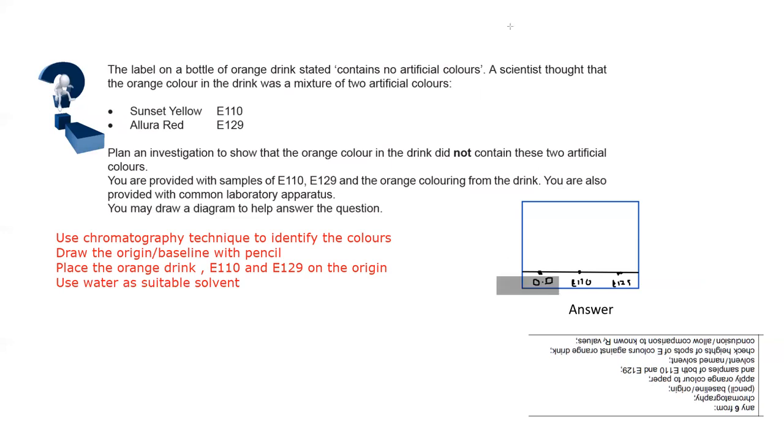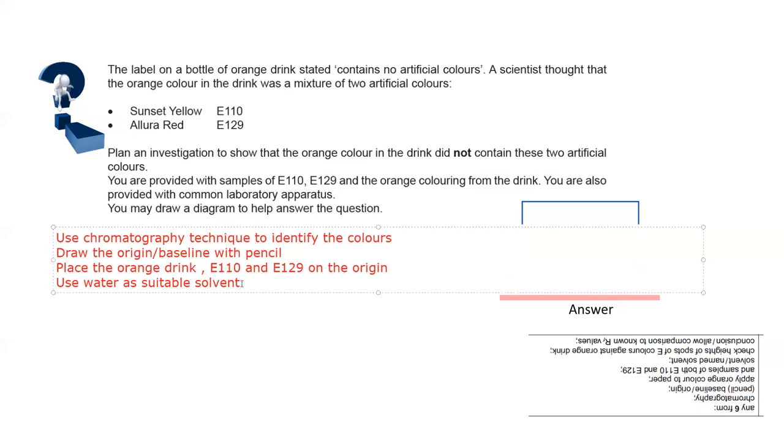Food colors are not only represented by their names, they are also represented by numbers. For example, when you buy jelly with different colors, you can see on the ingredients which color is used. Instead of writing the name of the color, they mention E110, E115, E125. So we use water as a suitable solvent. As they did not mention it is insoluble in water, you can mention water as a suitable solvent.